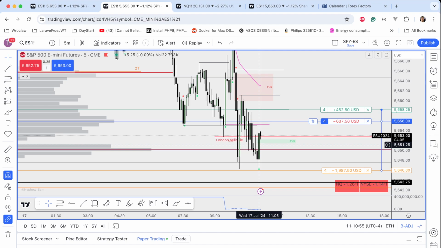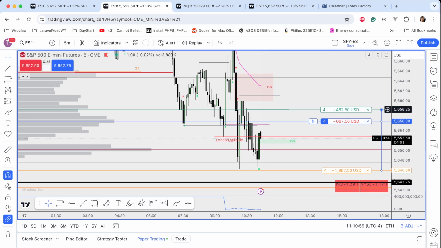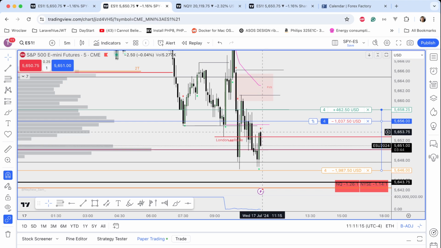But the momentum shifted. Looks like we can get a nice push higher. Yeah, the danger is that they did sell into this 5-minute candle, this one.